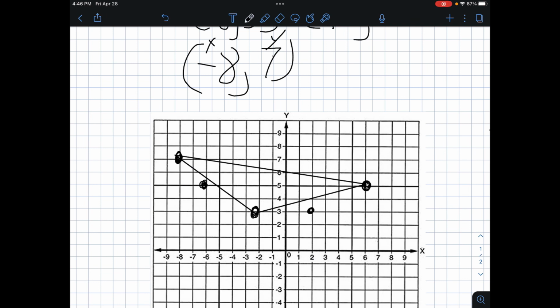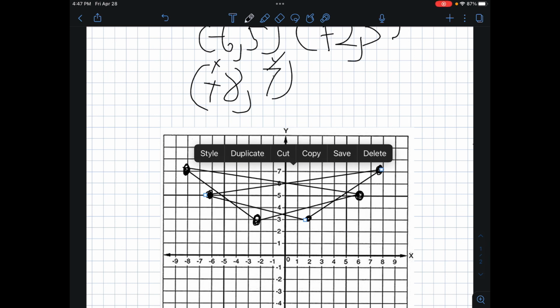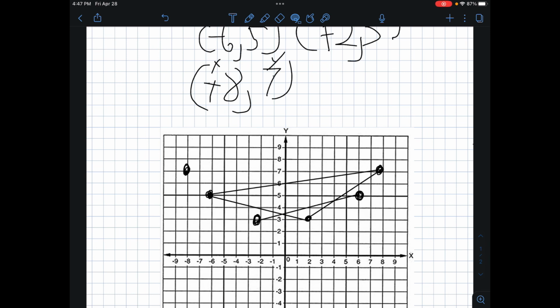And lastly, instead of having -8, 7, we have 8, 7. This would be our image. I'm going to remove the pre-image to make this a bit clearer. So this would be our new image.